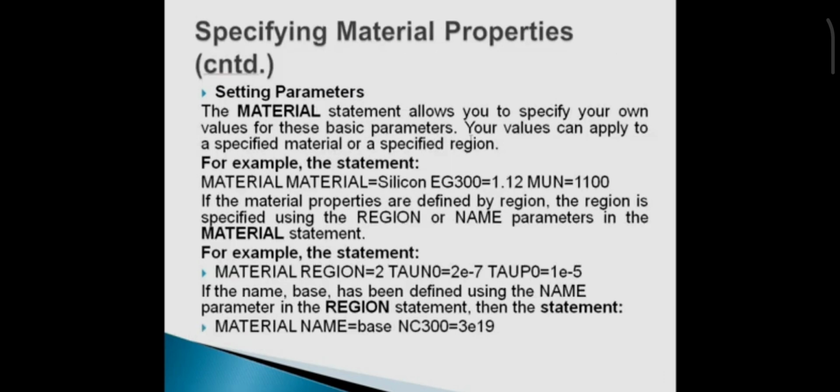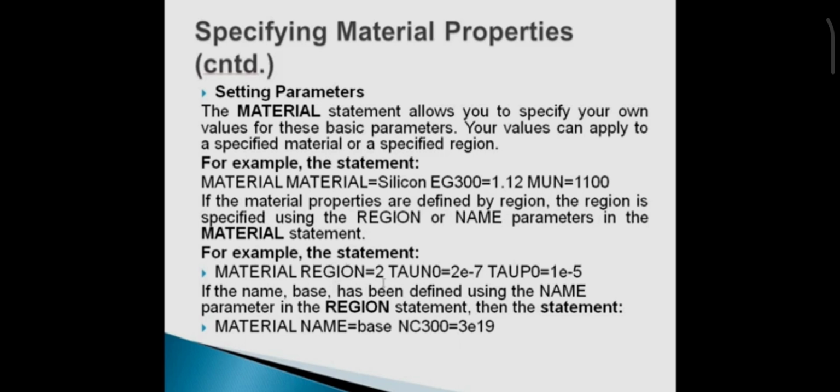The material statement allows you to specify your own value when you are introducing a new material or you are changing the parameters of an already defined material in Atlas. For example, the statement: material silicon Eg at 300 = 1.12 electron volt, MUN represents the mobility of electrons. If the material properties are defined by region, the region is specified using the region or name parameter in the material statement.